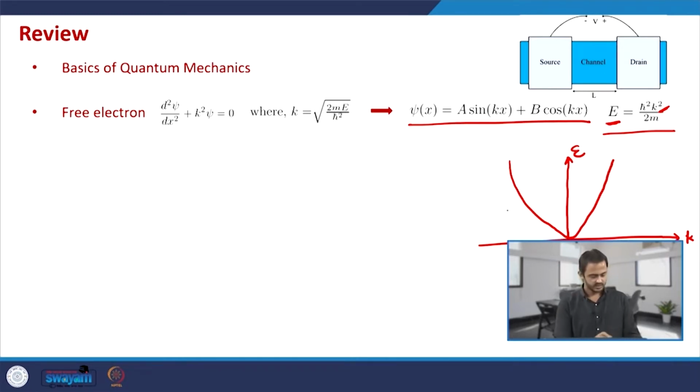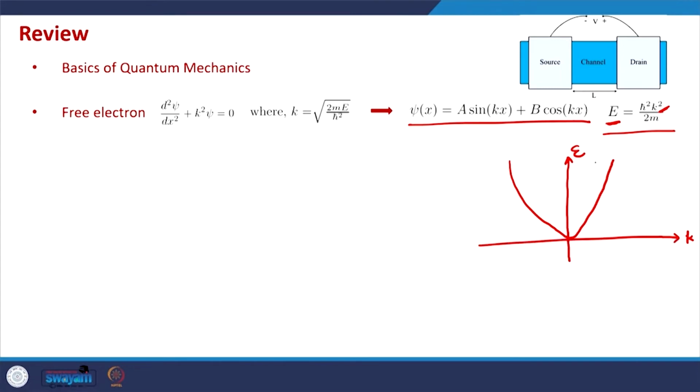That is what we saw. This is a simple case of quantum mechanics which we can handle analytically. Generally in quantum mechanics we cannot precisely solve the Schrodinger equation analytically, so we need to make many approximations. But for free electrons we can solve it analytically, and this is how the solution looks, and this is the E-k relationship for a free electron.